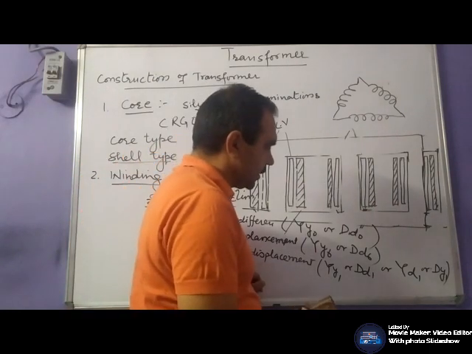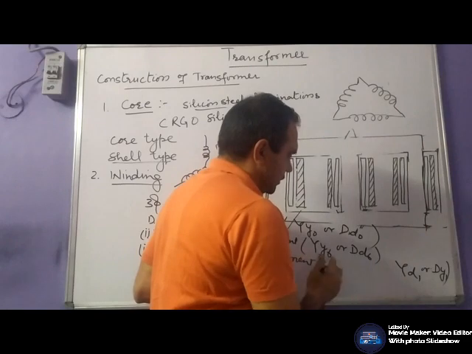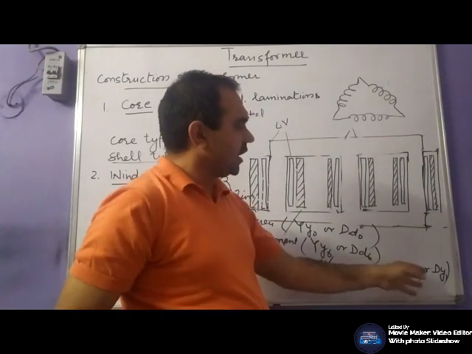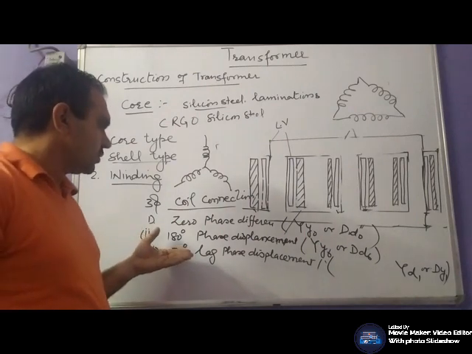Generally we use star-delta or delta-star with a phase displacement of 30 degrees.